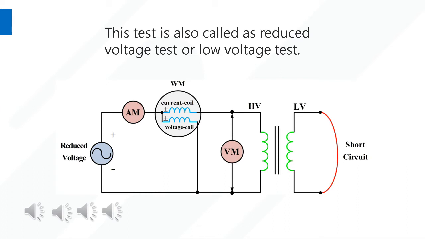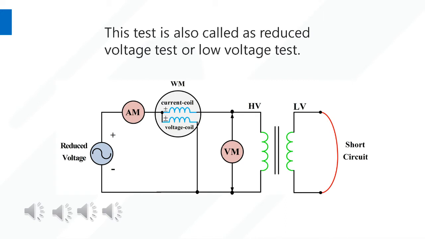So, pag meron tayong maliit na resistance, meron tayong malaking current. So, pag meron tayong high current, it can cause the overheating and also burning of the transformer. Thus, to limit the high current, the primary winding must be energized ng mababa lang na voltage na enough to produce the rated current in the transformer primary.